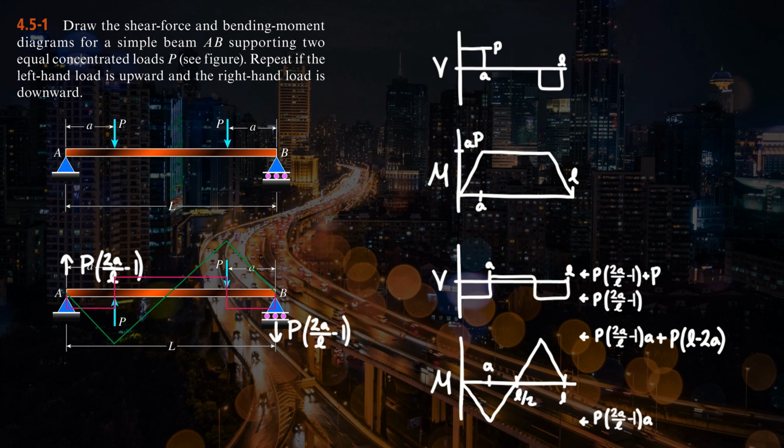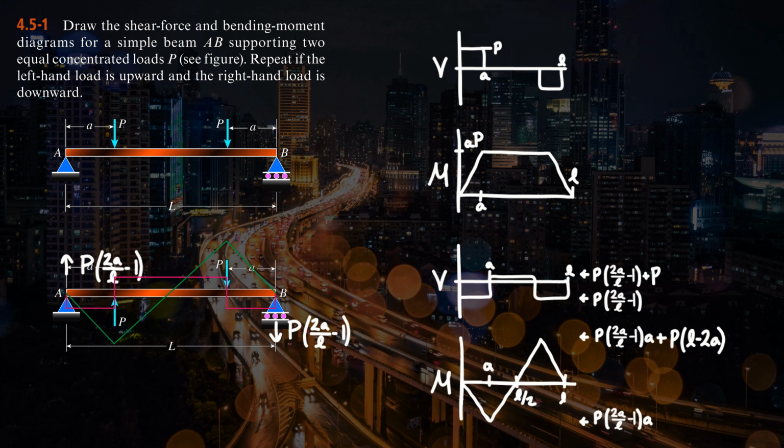But let's say we want to make it a little bit harder on ourselves and solve it if we only know the preceding information and we didn't know that it was equidistant and all this convenient stuff. So we start out with our previous value of P times 2a over L minus 1 times A. And now we're going to add our new slope: we have a P amount, right?